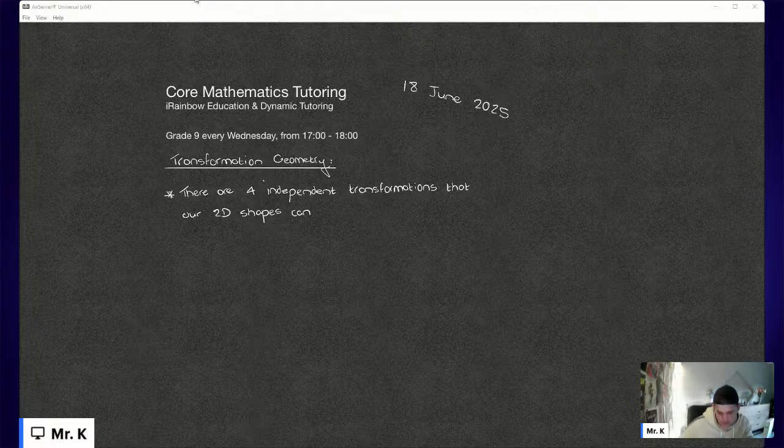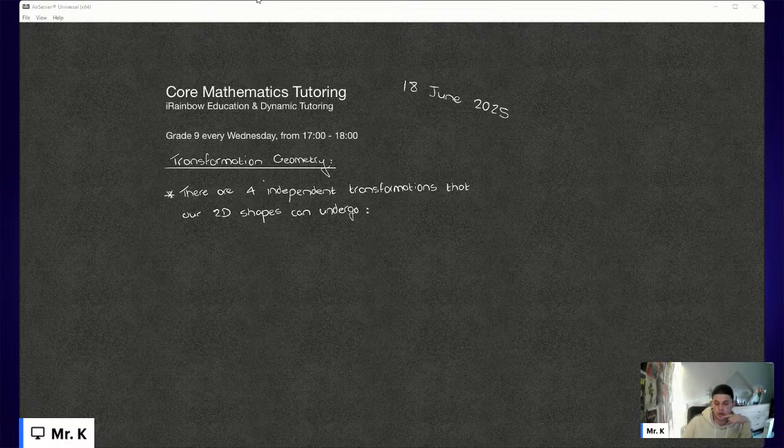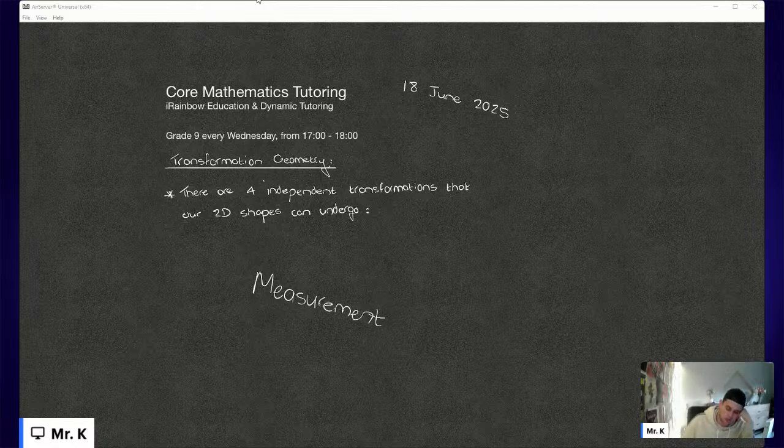Right. So, guys, what is the world of transformation geometry? Well, when we look at different kinds of 2D shapes that we are working with, we know that we have a section in the world of maths called measurement, which deals with all of those topics like area, perimeter, surface area, volume, and so on and so forth.